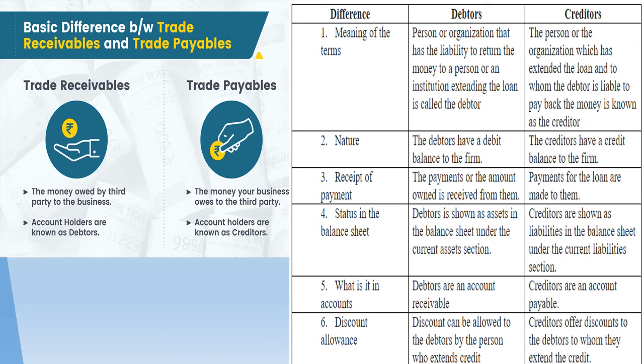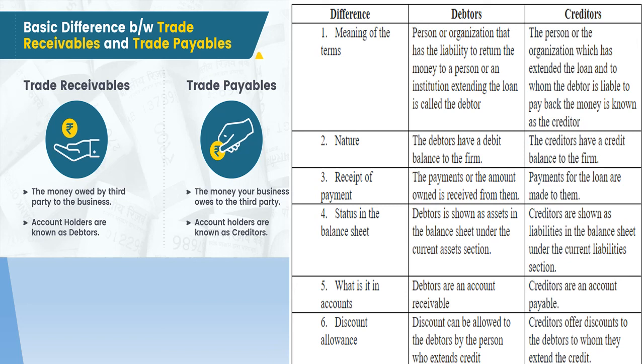Creditors are the person or organization which has extended a loan or given goods on credit and is liable to receive money. The debtors have a debit balance in the firm, like they have to pay. Creditors have a credit balance in the firm.